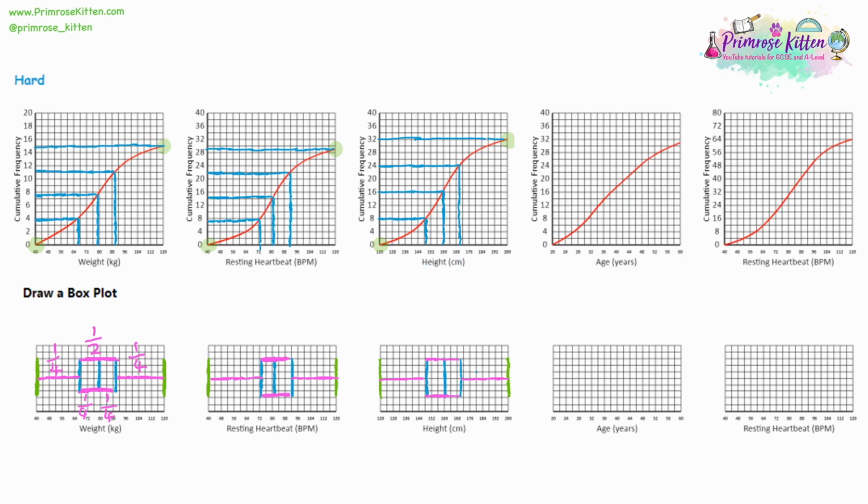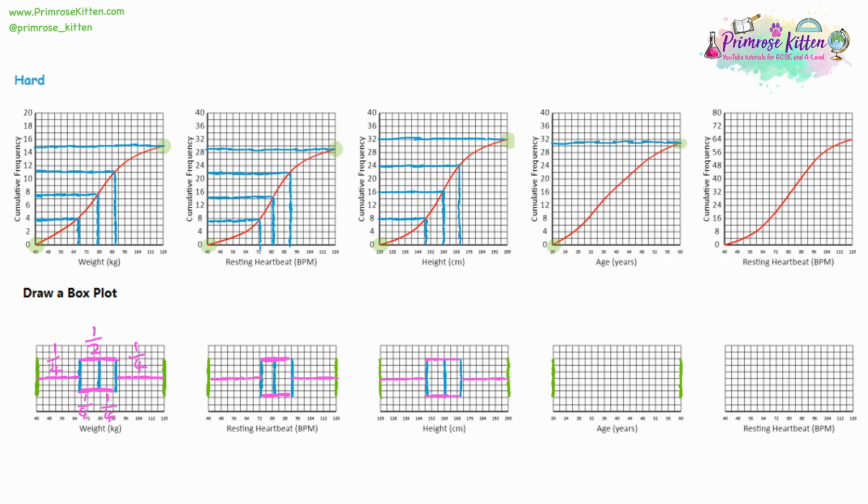Moving on to question 4. The lowest value is at the bottom of the cumulative frequency curve, and the maximum value is at the top of the cumulative frequency curve, and they correspond to 20 years old and 60 years old, because it's about age. Now, to find the rest, we need to figure out how many people we're looking at here. If we draw a line across from our maximum value, it seems like we are looking at 31 people.